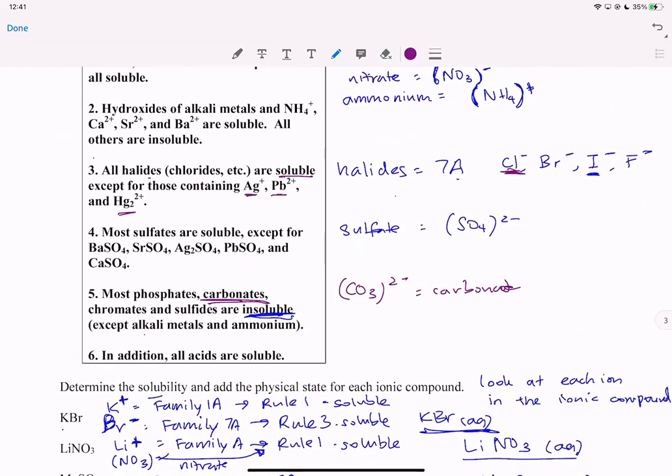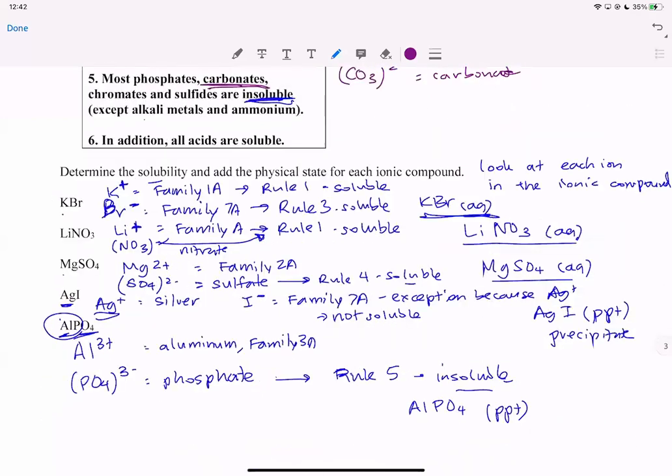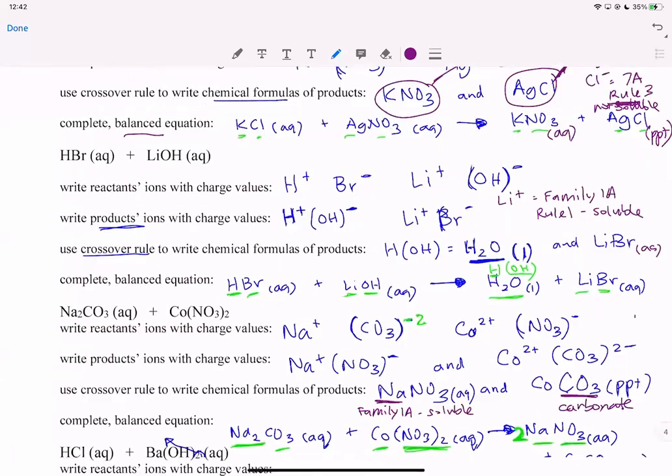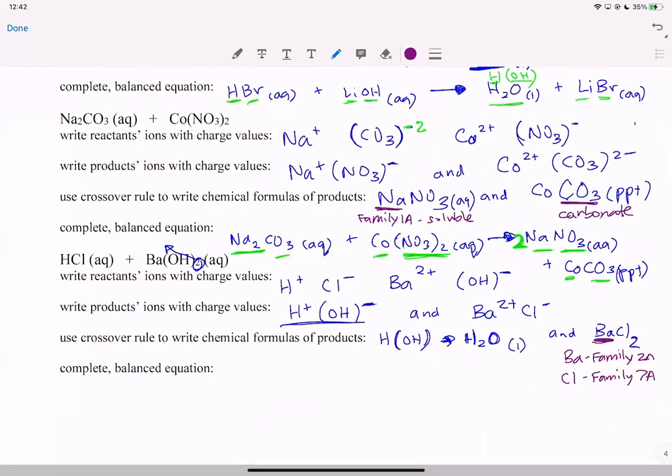Okay, so this is the chlorine. And what it has stuck to it is a barium. So it's not one of those exceptions, meaning that it is soluble. Okay, the other one we looked at, which was the silver with the chlorine, that was an exception. So that was insoluble, but this is soluble. So that gets a PPT, physical state.